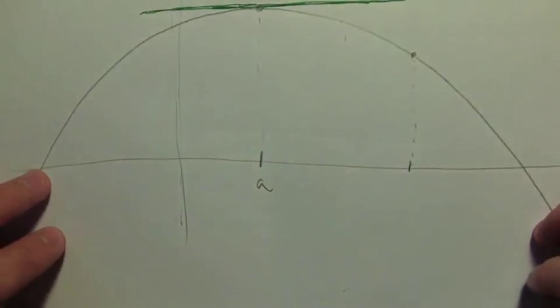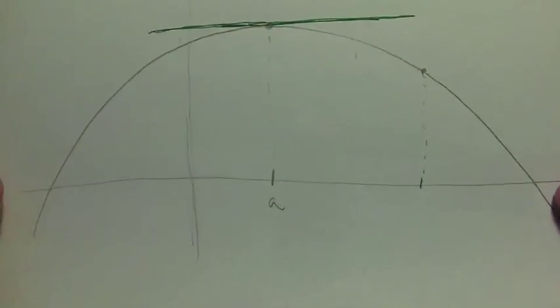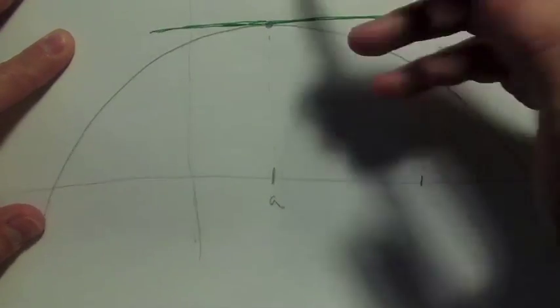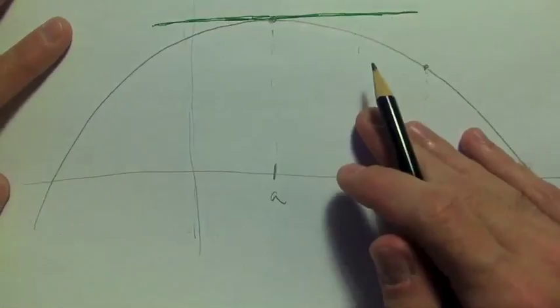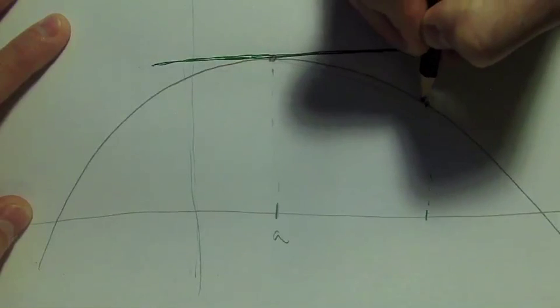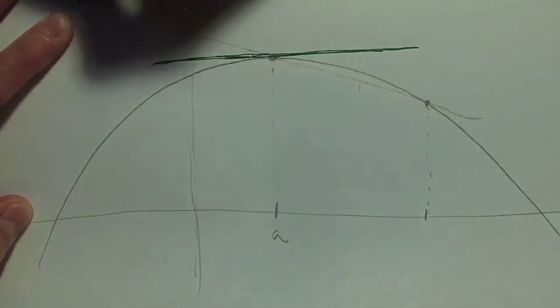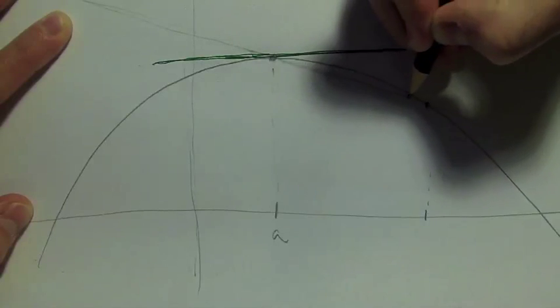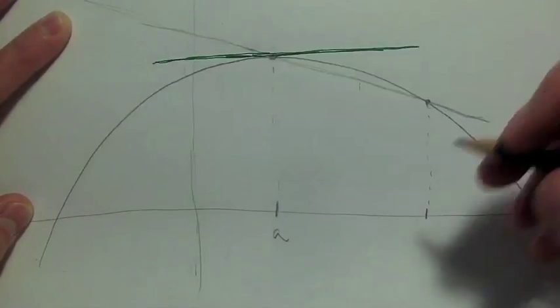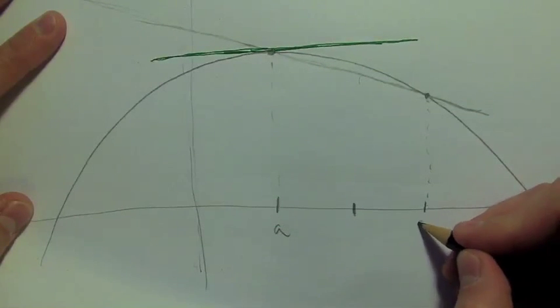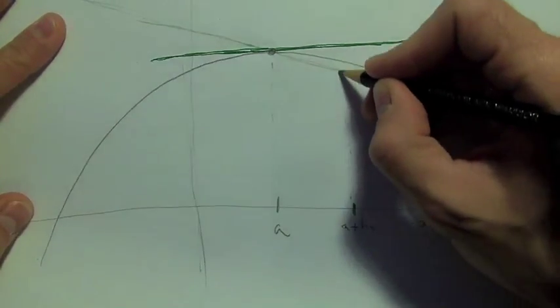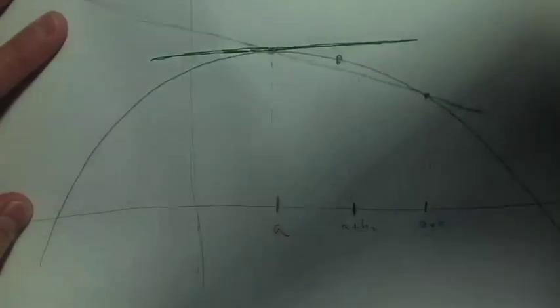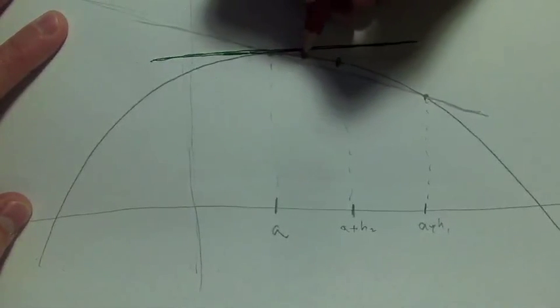Okay, so this is not necessarily the best graph of all time, but here's a, here's f of a, and I'm going to start drawing some secant lines, and you can see I already have this big green line here. All right, so let's draw this secant line. All right, so there's the first one I'm going to draw. And then let's cut the interval in half. Right, so we'll cut it in half and draw another secant line, and maybe I can do this one in red.